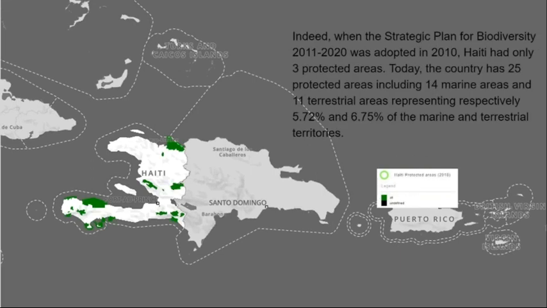Indeed, when the strategic plan for biodiversity was adopted, as I said, now we have 25 protected areas, including 14 marine areas and 11 terrestrial areas, representing respectively 5.72% and 5.75% of the marine and terrestrial territory of Haiti.